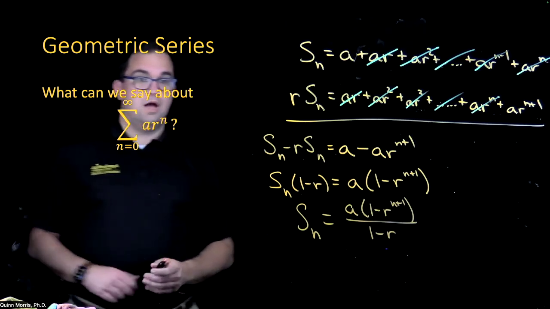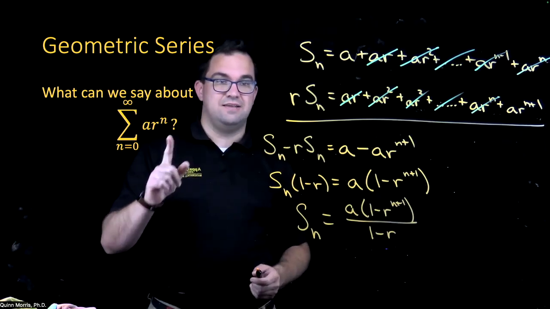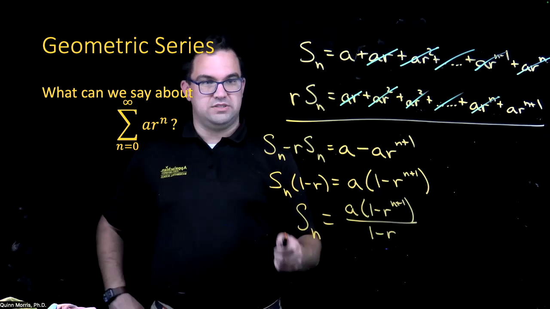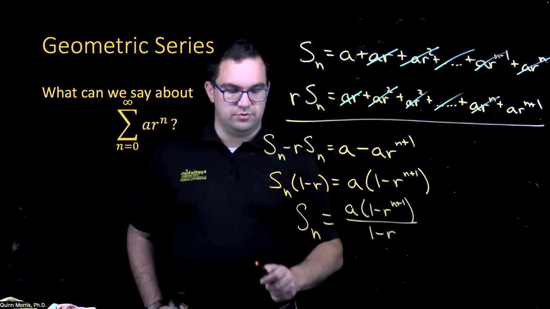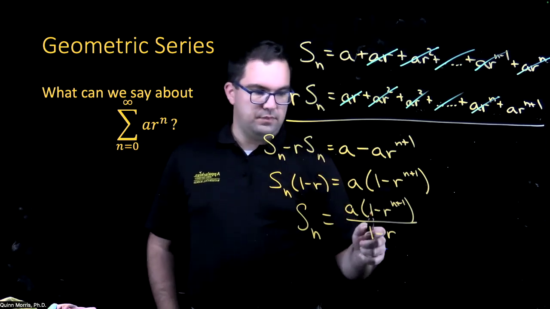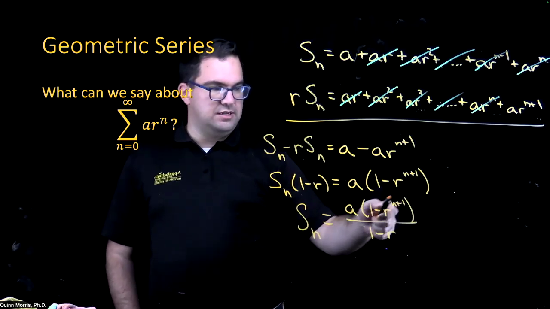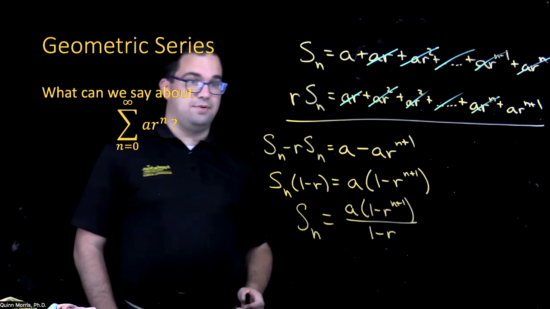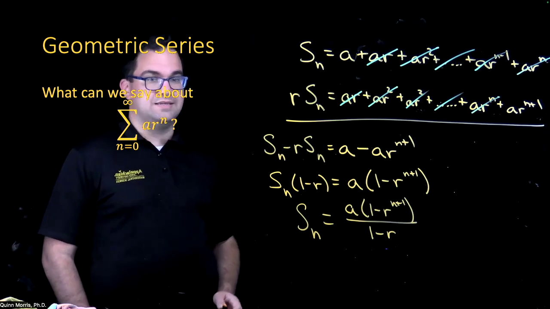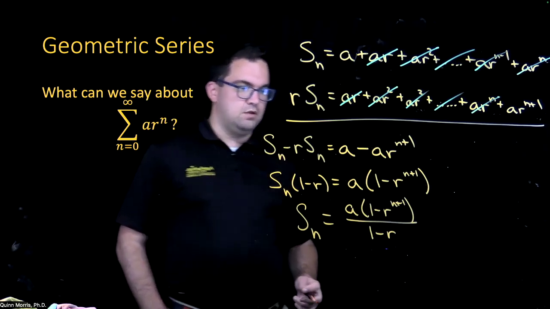Now, again, to analyze this infinite series, we need to think about what's going to happen to this as n goes to infinity. If you look here, the only place there's any dependence on n is right here. So what we need to understand is what's going to happen to r to the n plus 1 as n goes to infinity.